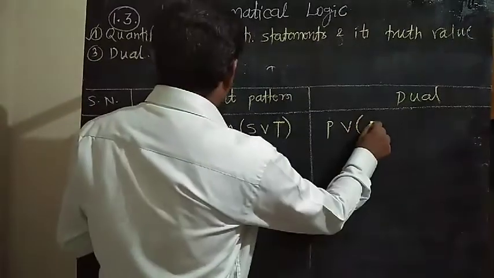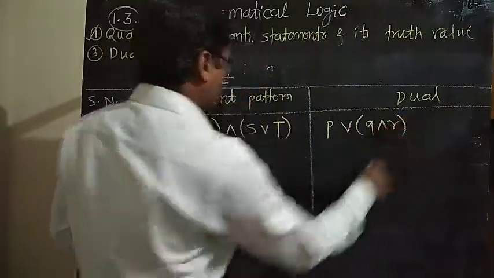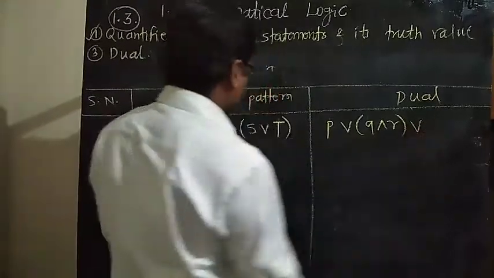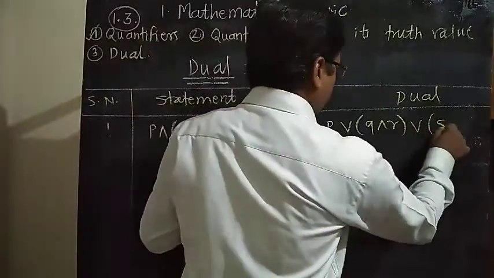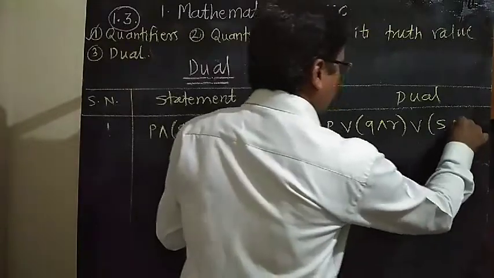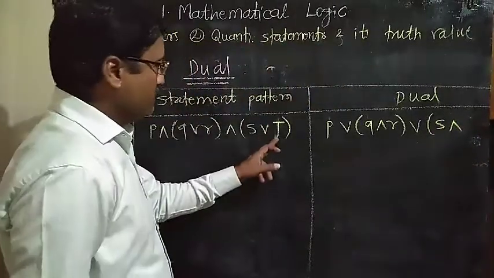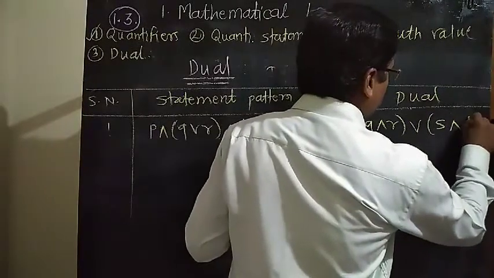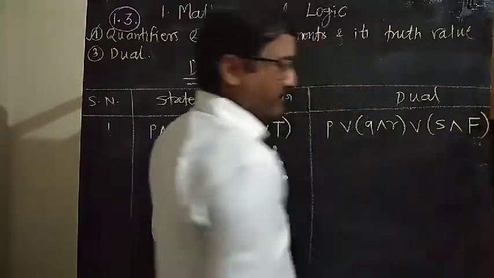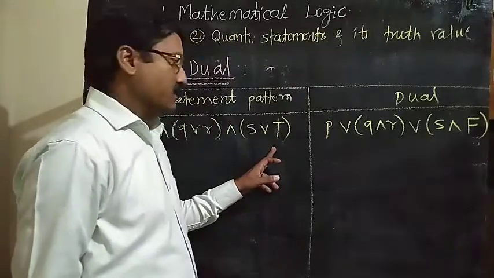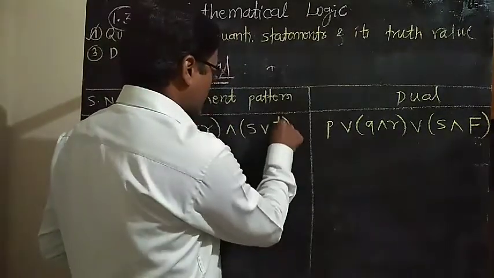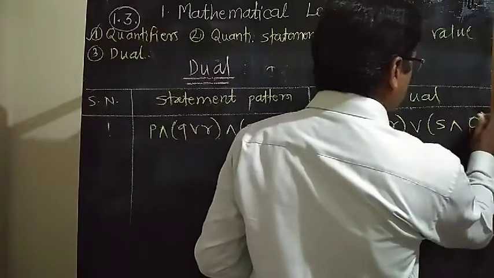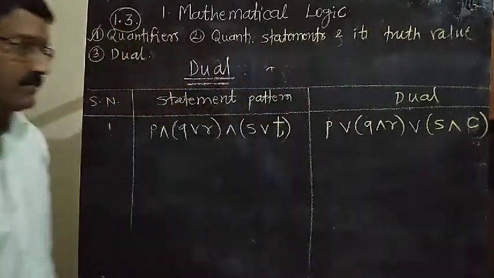Again, here Q and R, instead of this and, we will write or. This S as it is, instead of this or again and, and instead of this capital T, we will write capital F. F is also a contradiction. But if sometimes small t is given, you have to write here small c. That is the contradiction. Is it okay?